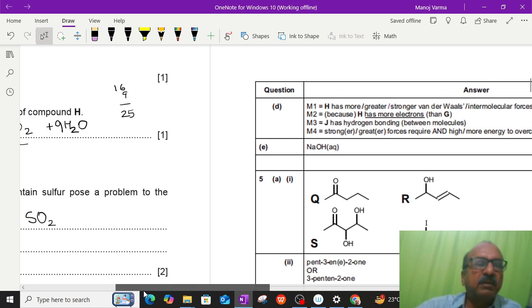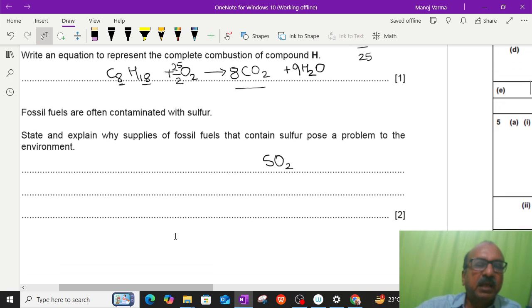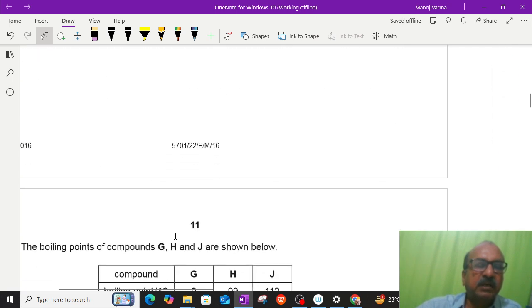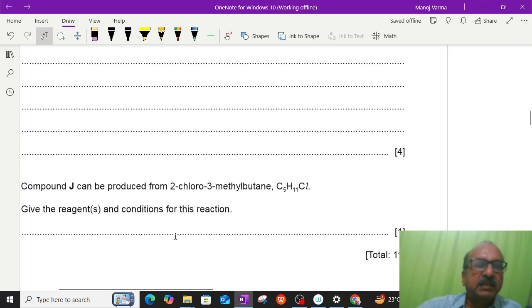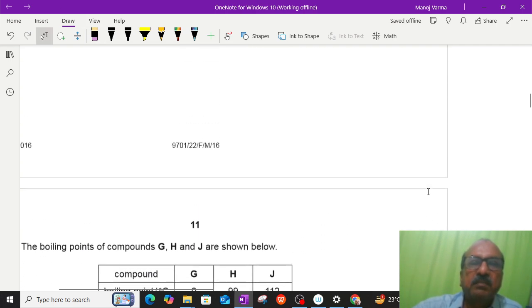Okay, so now let's go to the next question. The next question here is that the compound J can be produced from 2-chloro-3-methyl-butane. Give the reagents and conditions for this reaction. So 2-chloro-3-methyl-butane to the compound J. Let's first actually draw the compound J, that will help us.